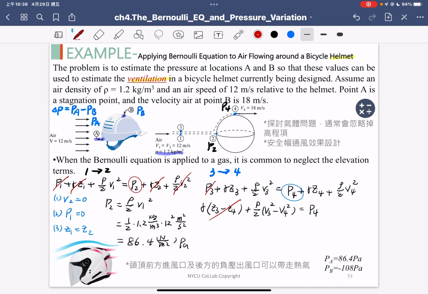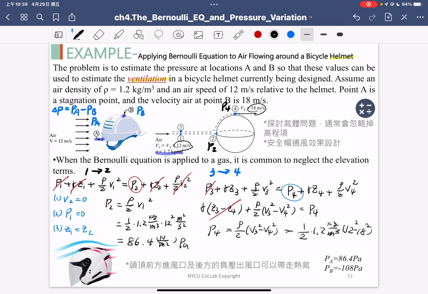So we only know that the P4 will equal 1/2 rho times V3 squared minus V4 squared. And we know that the density is 1.2 kilograms per cubic meter, and V3 is also 12 in here. So we have 12 squared minus V4, which is 18, so 18 squared.